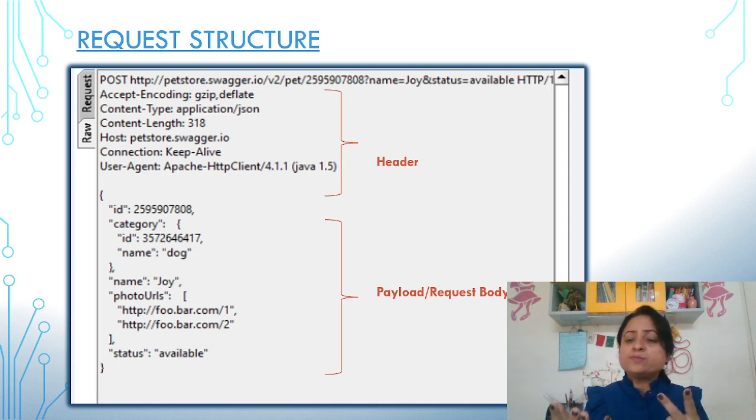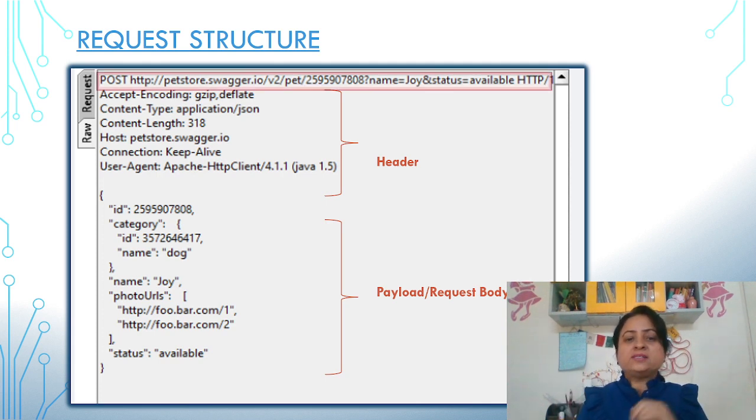In a response, we call them the response header and the response body. Correspondingly we just change the name, but the categorization is the same for request and response. And this main path is your URI, where we have the address of that remote server.